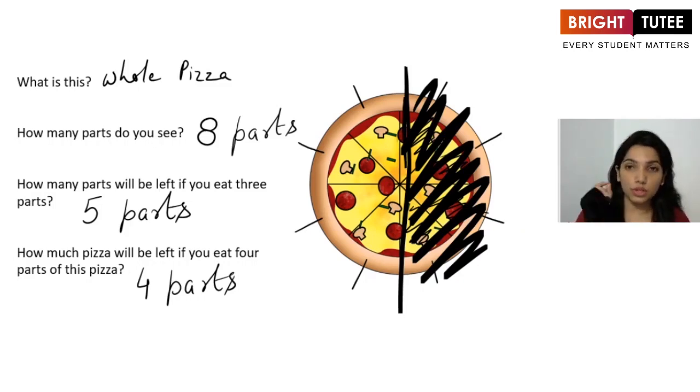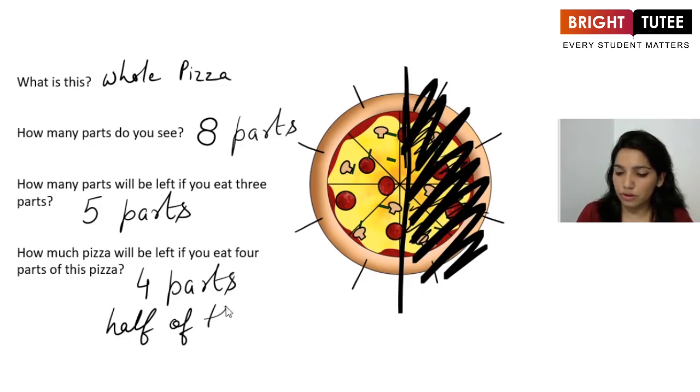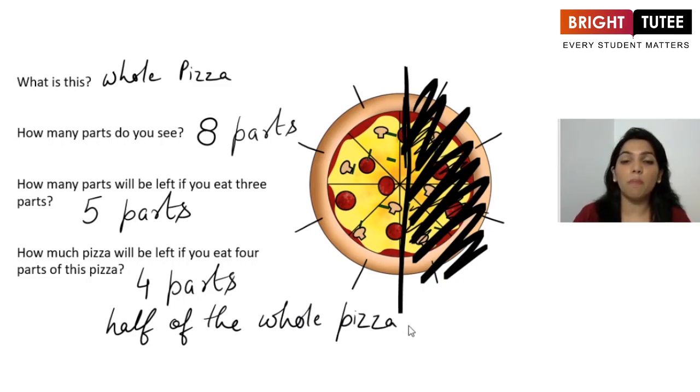Out of 8 parts, if we see only 4 parts, it is basically half of the whole pizza. Is that right? 4 parts out of 8 is exactly half of the pizza. Now I want you to think carefully about how a big portion can be divided into small parts.